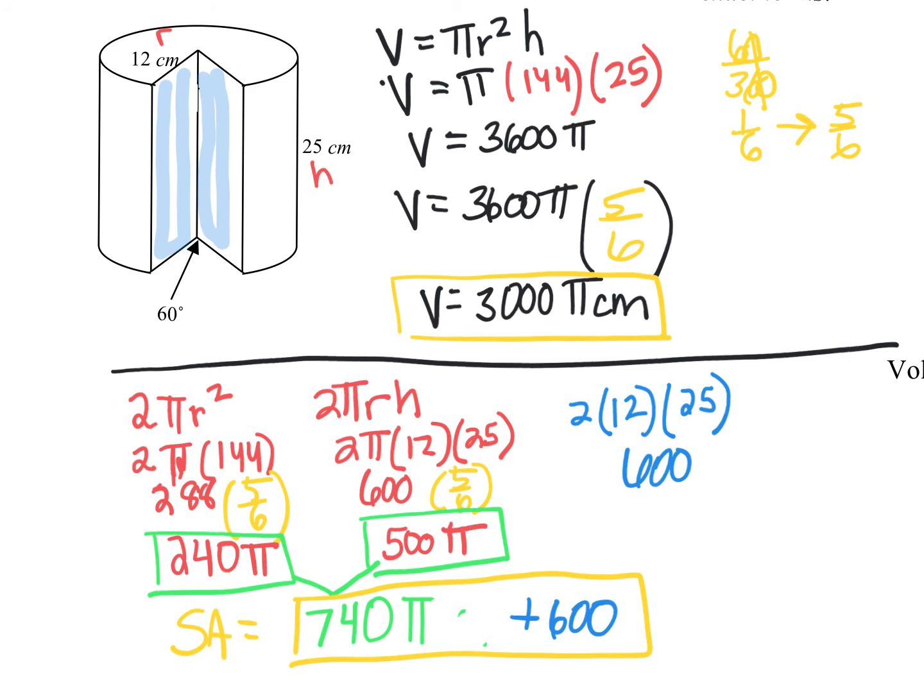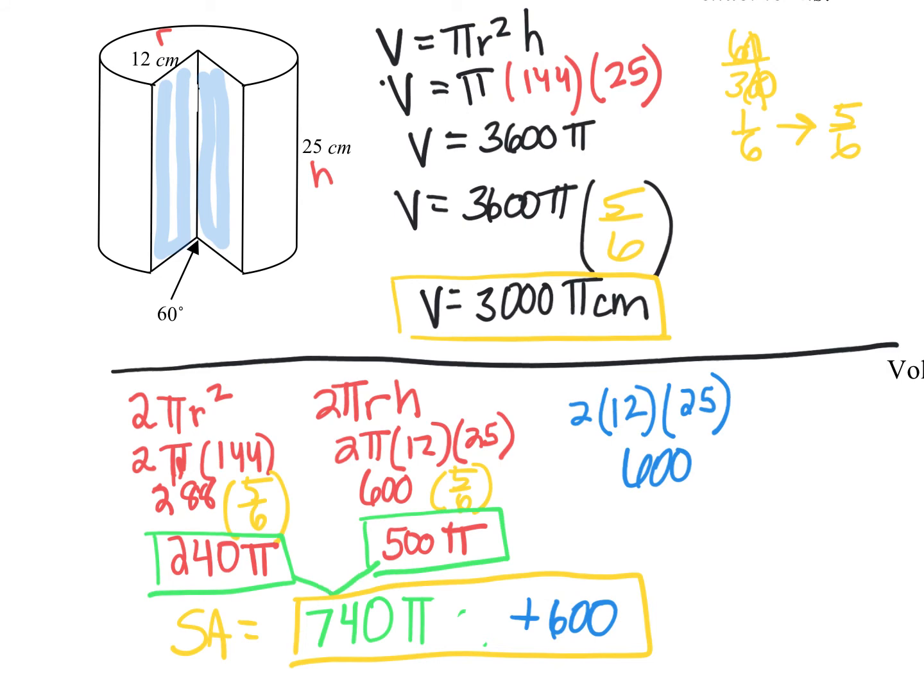And if I multiply that, that is going to give me 500 pi. And so now I have the area of this part that is curved around. Okay, and I add those two things together, and that gives me 740 pi.